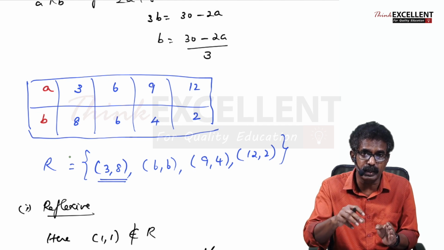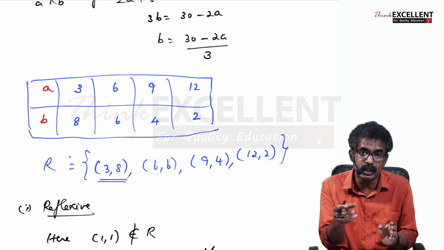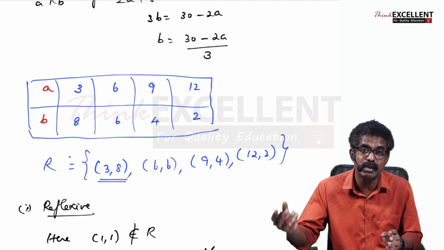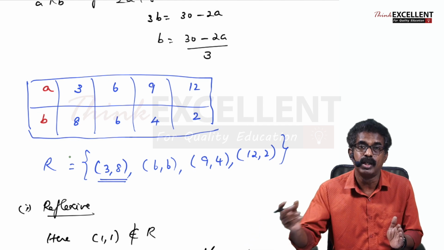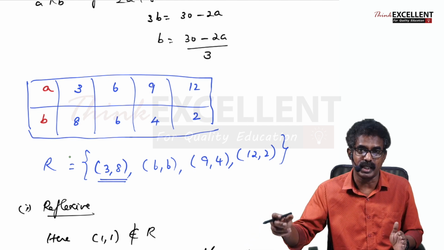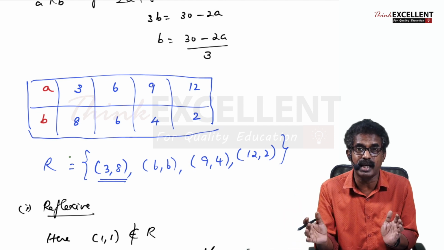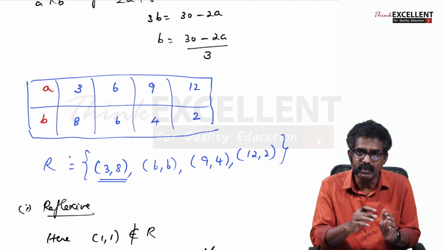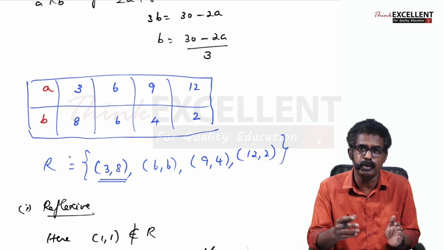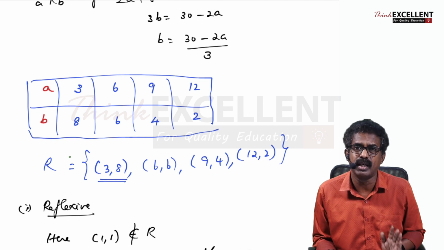A is related to B, then B is related to C. Suppose 5 is related to 8, then you have to check whether 8 is related to some number. 5 is related to 8 and 8 is related to 10 means 5 must be related to 10. A is related to B, B is related to C. If both are there, then A must be related to C. If that relation does not exist, you say it is not transitive. If A related to B, B related to C is not there, you don't need to write anything. You say it is transitive.